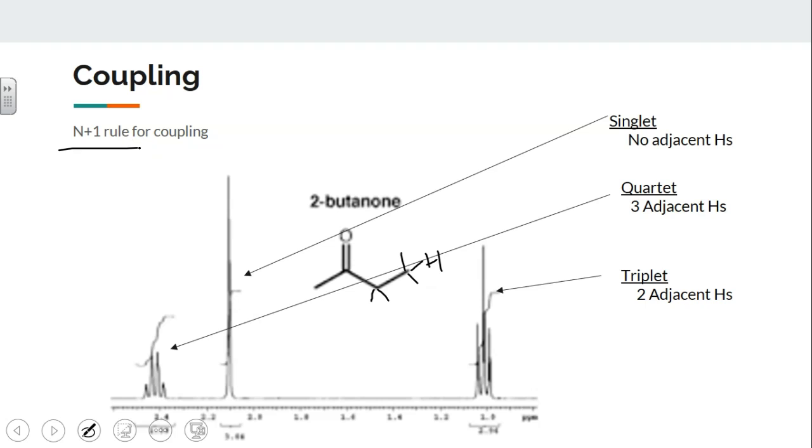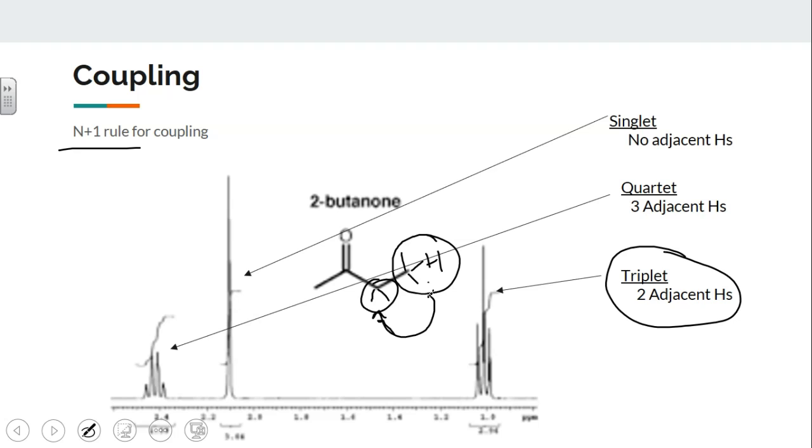For example, this methyl group has 3 hydrogens on it. Next to it there are 2 hydrogens, so these will couple to it. For this methyl group, you will see a triplet, meaning that there are 2 hydrogens adjacent to that methyl group.